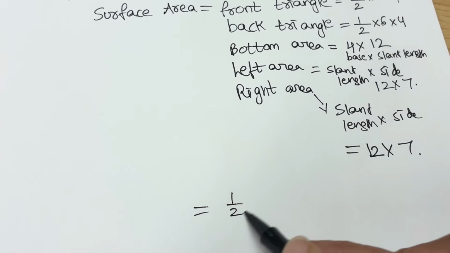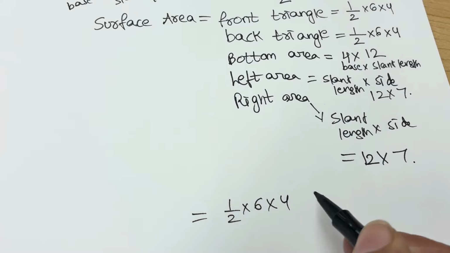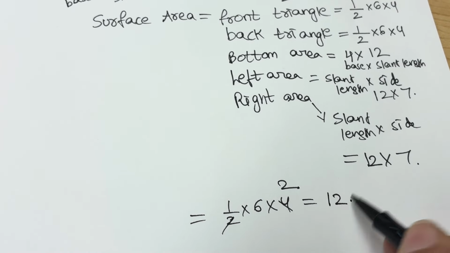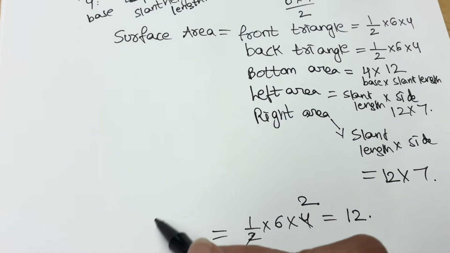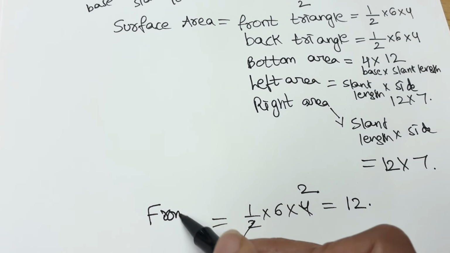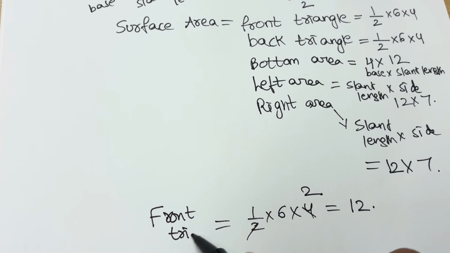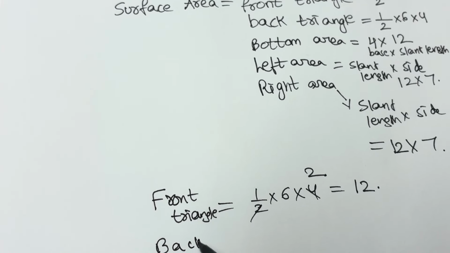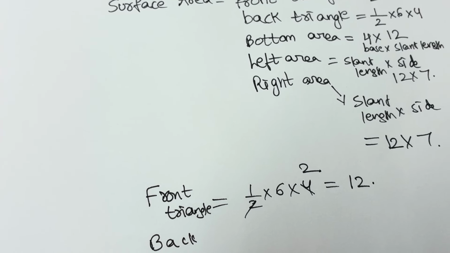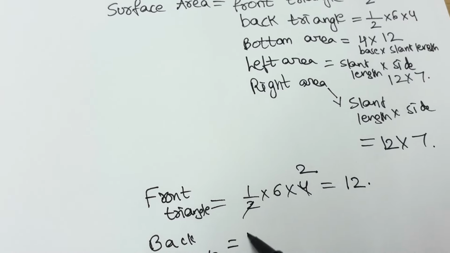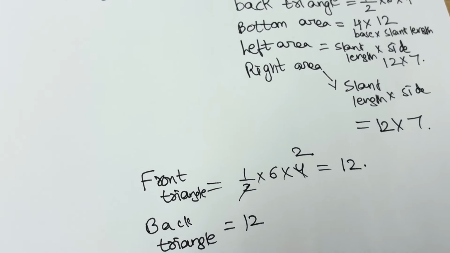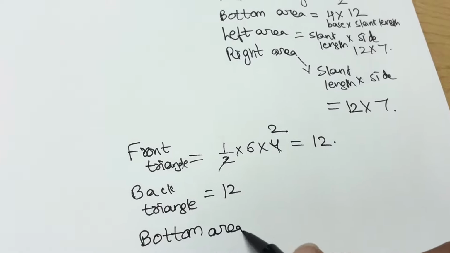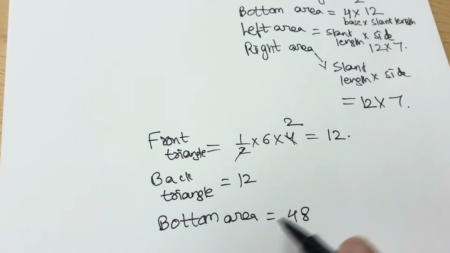Half times 6 times 4 is nothing but 12, since the 2 gets cancelled. So for the front triangle, it is 12. And for the back triangle, again, it's the same calculation, so it becomes 12. And for the bottom area, I have 12 into 4, which is 48.